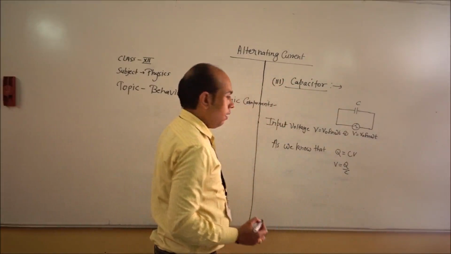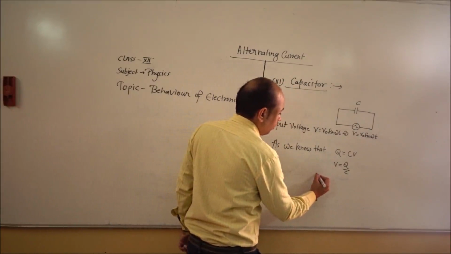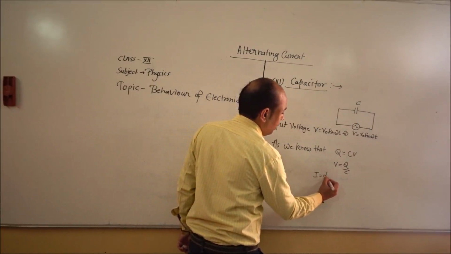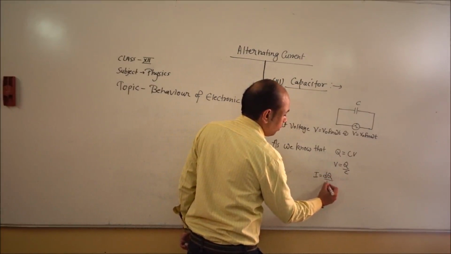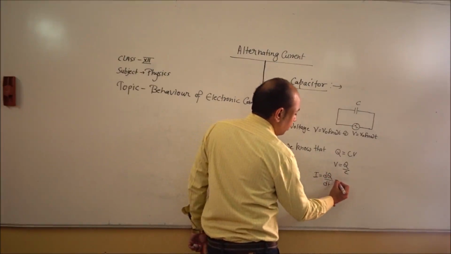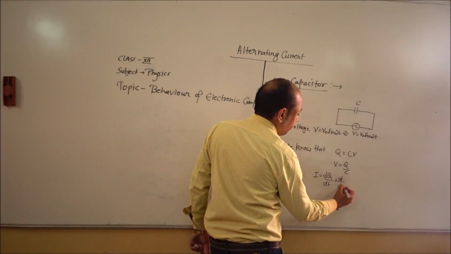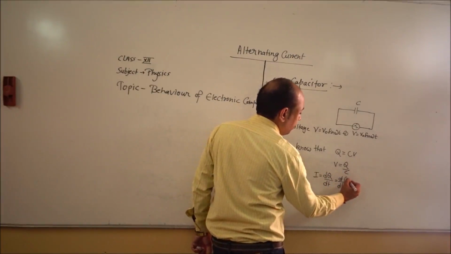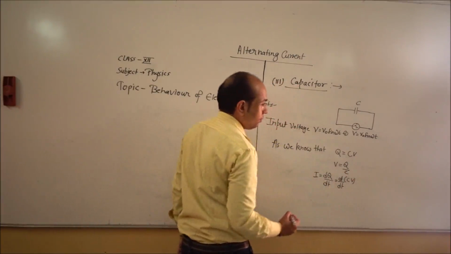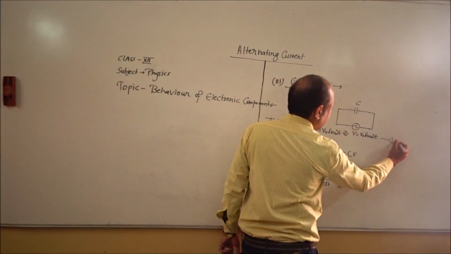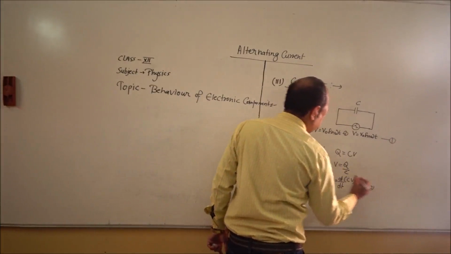And electric current I is defined by dQ by dt. So I is equal to d by dt of Q, and Q is to be replaced by C into V. Say equation number 1 and this is 2.